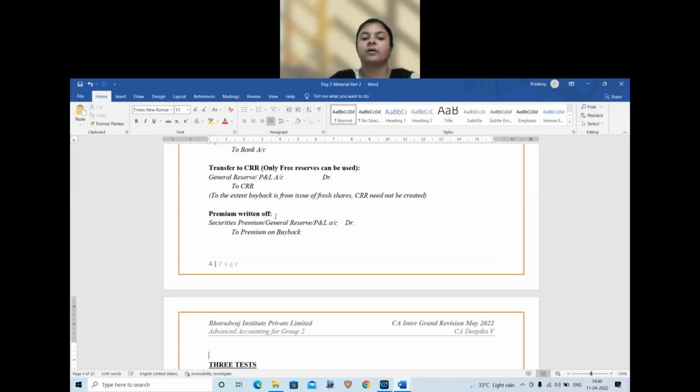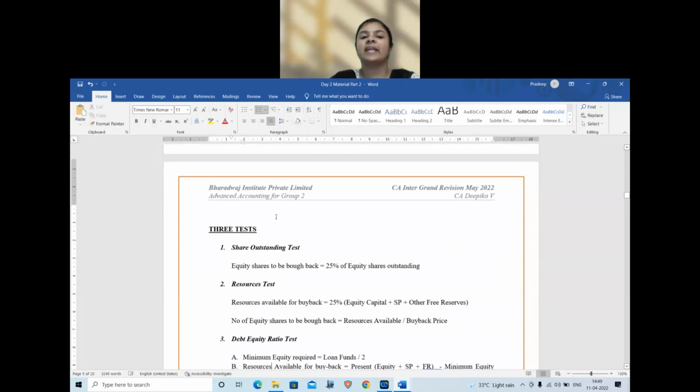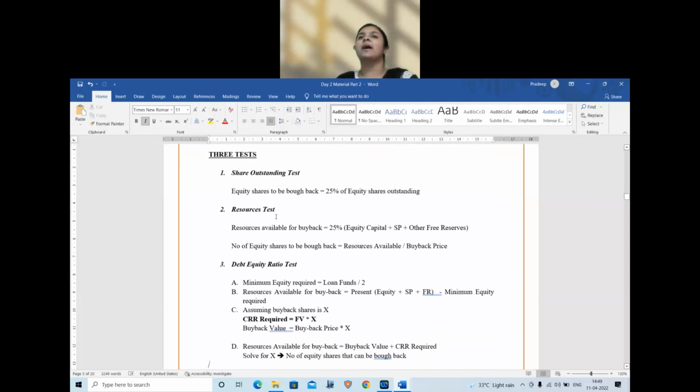Now, the most commonly tested area is to calculate the number of shares that need to be bought back, for which we will test 3 conditions. The 3 conditions I have given you as formulas. Condition number 1: equity shares to be bought back is 25% of equity shares outstanding.